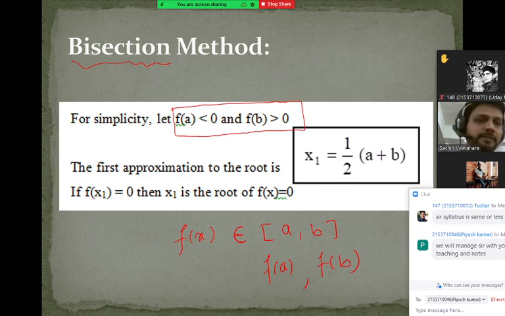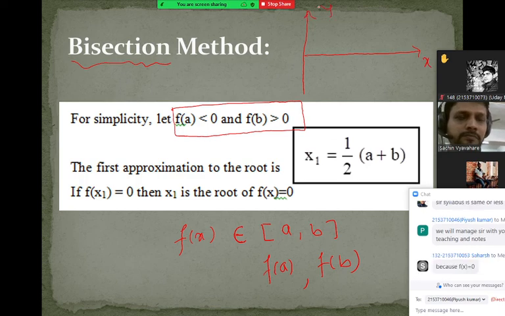Anyone have an idea here? See, why is this f(a) negative?